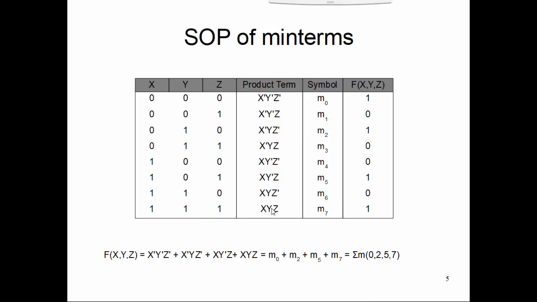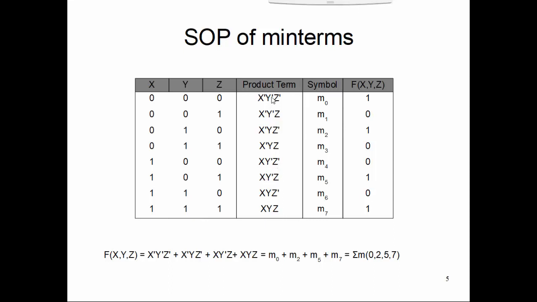So the corresponding product term for combination 1, 1, 1 is xyz. In a similar fashion, let's pick 1, 0, 1: x is 1, so we write x, y is 0, so we write y bar, and z is 1, so we write z, and we AND them. So for 1, 0, 1 the product term is x y bar z.